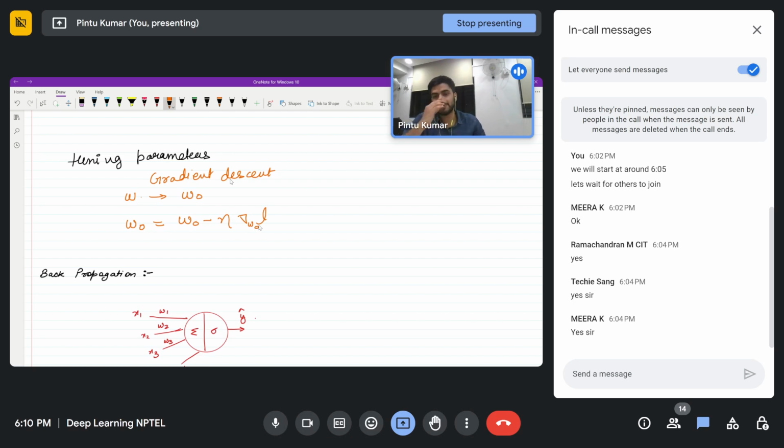This is what we are going to do. So what we are going to cover today is how we calculate this gradient of your loss function with respect to the weights of your neural network, and that is given by an algorithm known as backpropagation.